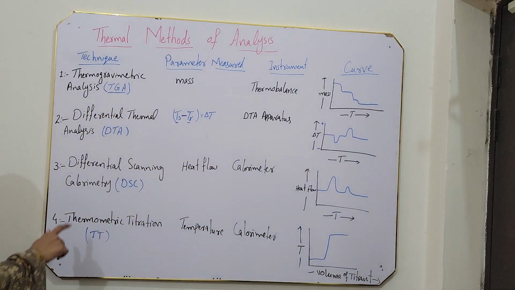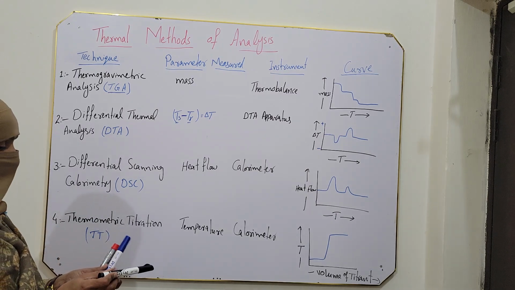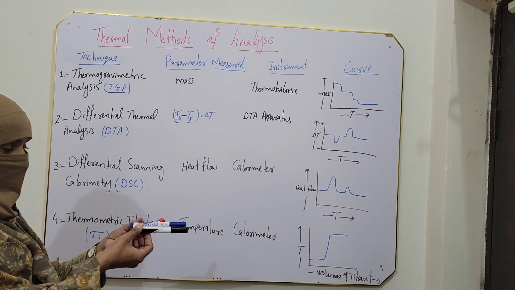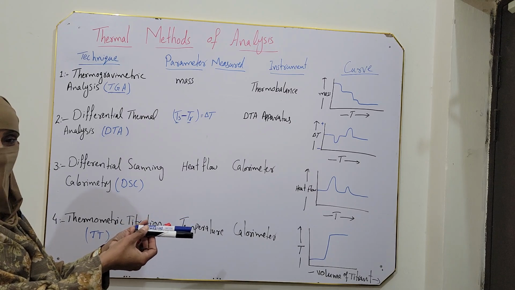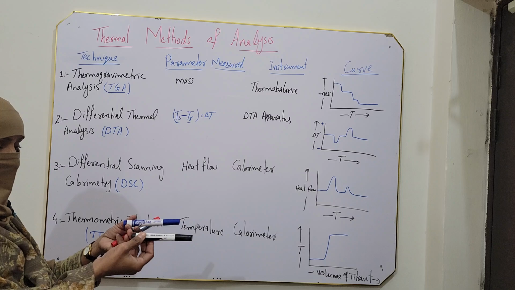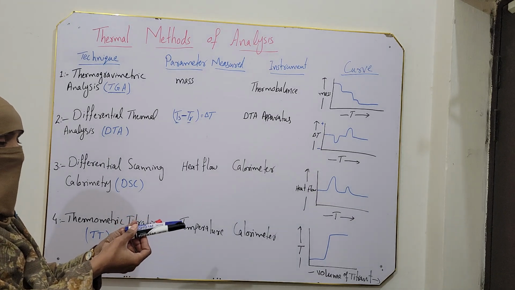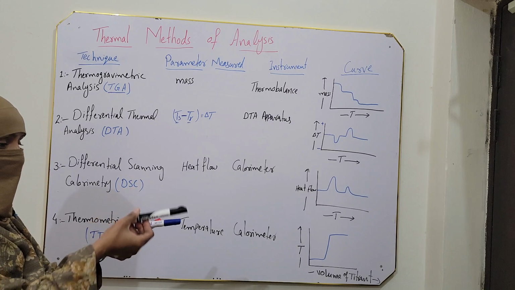Then the third technique is differential scanning calorimetry, DSC. We measure heat flow. In this technique, again, we have a sample pan and a reference pan. They are maintained at the same constant temperature, and they are constantly heated. When changes occur in the sample, meaning some exothermic or endothermic changes occur, then the sample temperature may increase or decrease.